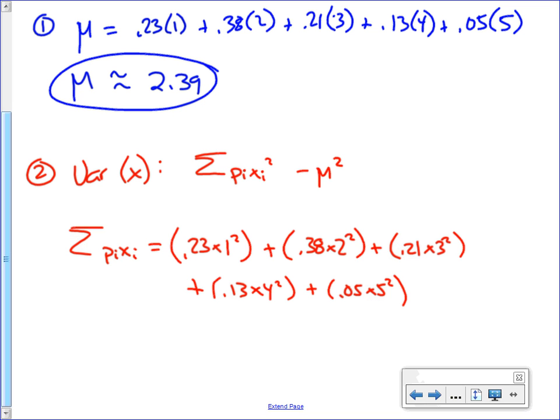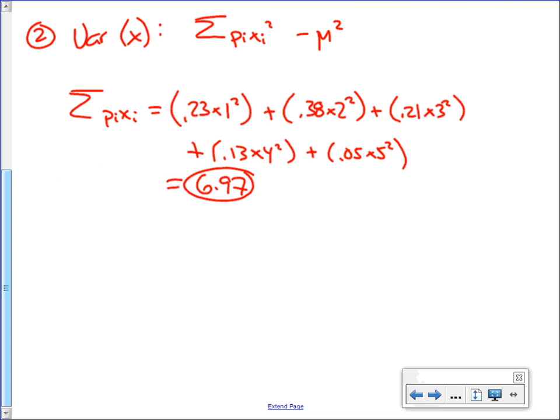Got a number for me? So 6.97, sweet. So 6.97 is what we got for that. Finding the variance is easy. Var x is sigma squared, baby sigma.